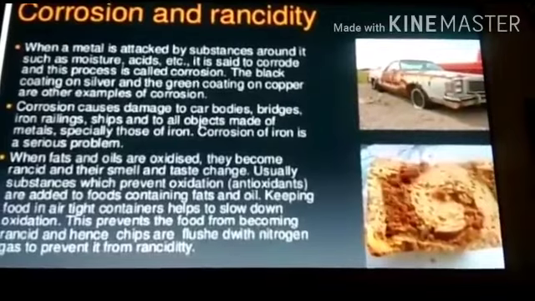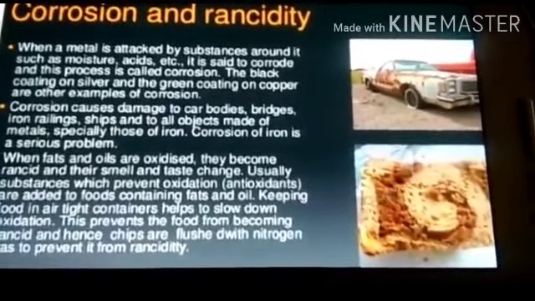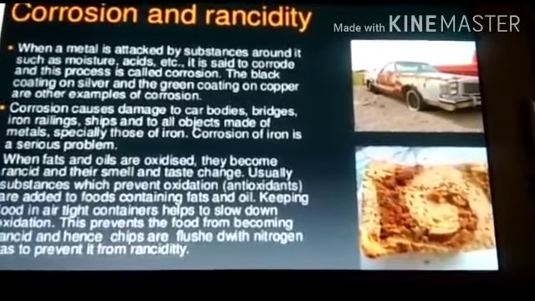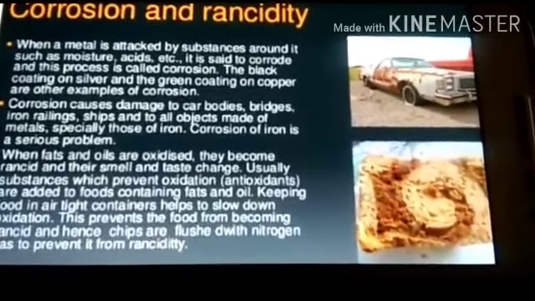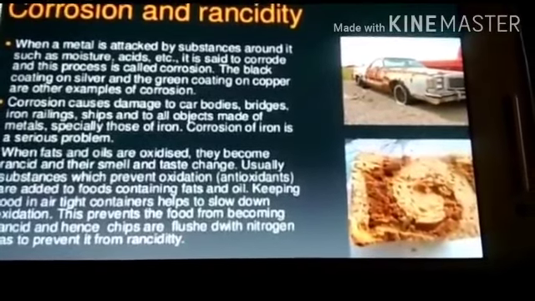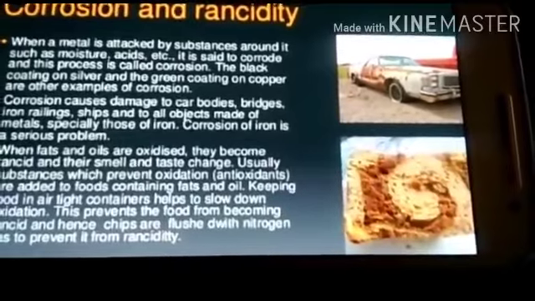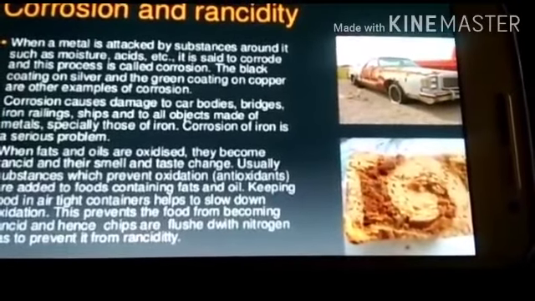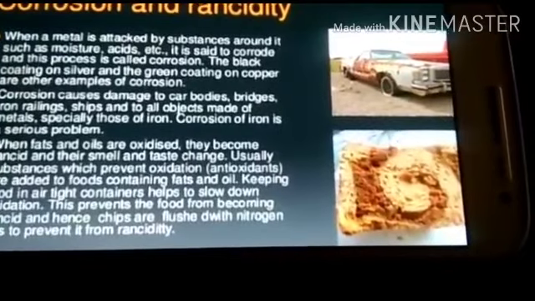Similarly, silver gets tarnished, that is, it turns black. This is because it reacts with H2S gas, hydrogen sulfide gas, which is present in air in very small amounts, forming silver sulfide. Also, you have noticed copper turning green in color.